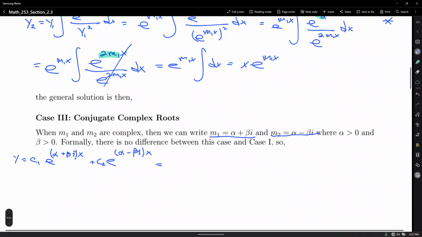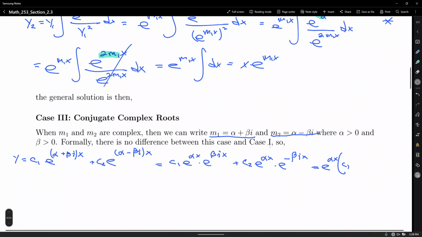Number one, do you guys agree this is C1 e to the alpha x times e to the beta I x plus C2 e to the alpha x times e to the negative beta I x, all right? And then how about we factor out the e to the alpha x, e to the alpha x times C1, okay?